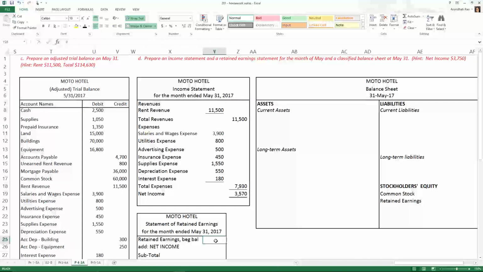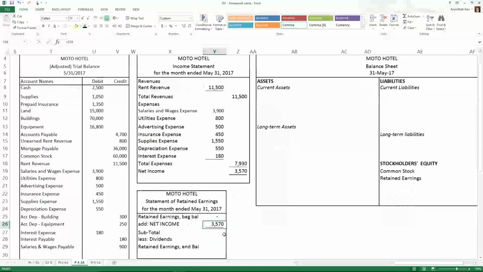So retained earnings beginning balance will be 0. The net income we'll bring from the previous statement, scroll up a little, is $3,570. So what I have is $3,570. And as I already told you, in this particular problem, we did not pay out any dividends. So my ending balance is $3,570. Essentially, the current year's net income is our retained earnings ending balance.